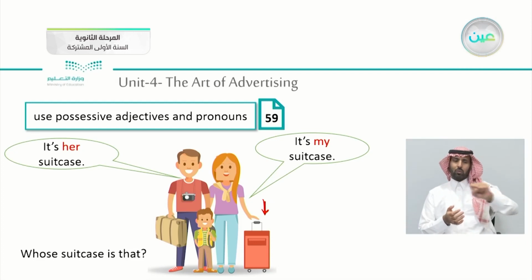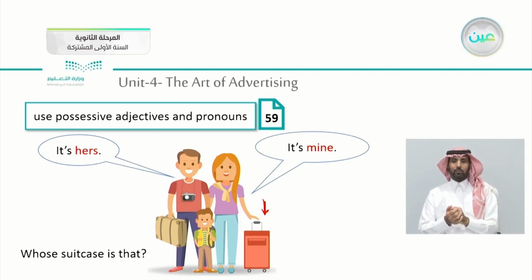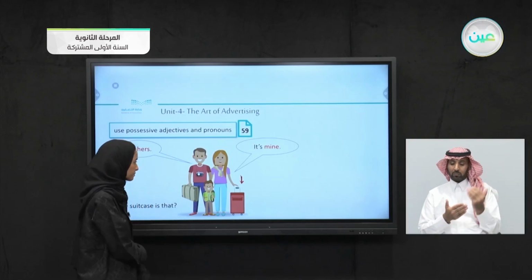Adjective. It is her suitcase. Here we'll have the adjective as well. Or she will say, it's mine, the bag is mine, or it's hers. Here we have used the possessive pronoun or the possessive adjective. You can use this or that based on the situation. Is it at the end of the sentence? You will use the pronoun.